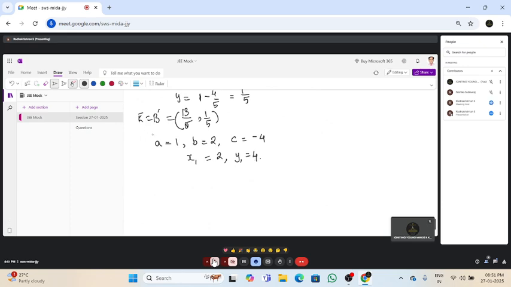So with these values, now you calculate. Okay, calculate. So the formula is x minus x1 by A equal to y minus y1 by B equal to minus 2 into.